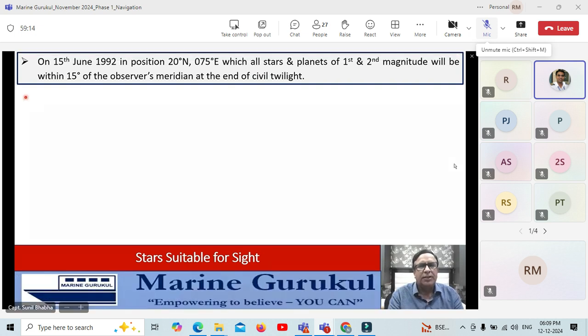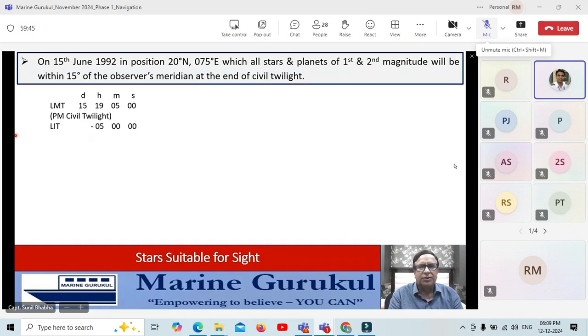So now we go to the daily page of the Nautical Almanac for 15th June. For 20 degrees north latitude, we pick up the civil twilight time in the evening. And we all know this time shall be LMT. So the LMT of civil twilight in the evening would be 15th day, 19 hours, 05 minutes and 00 seconds. To this, we shall apply LIT to get GMT.